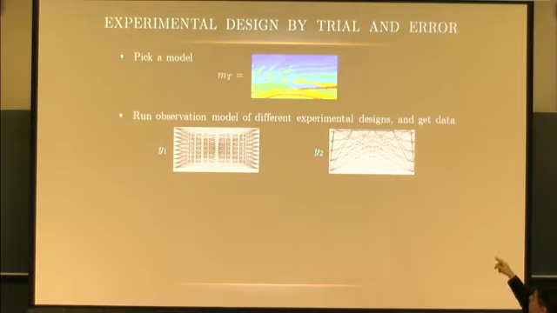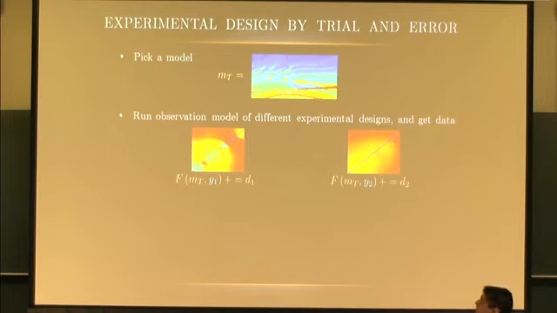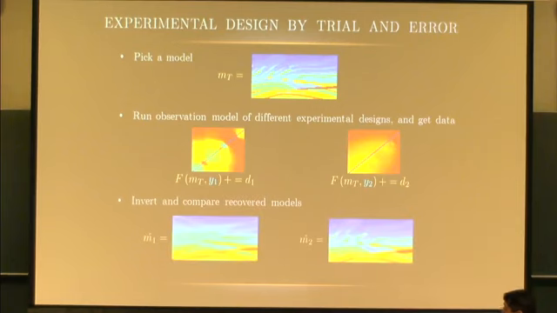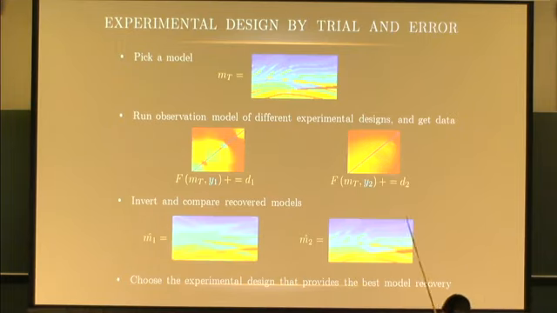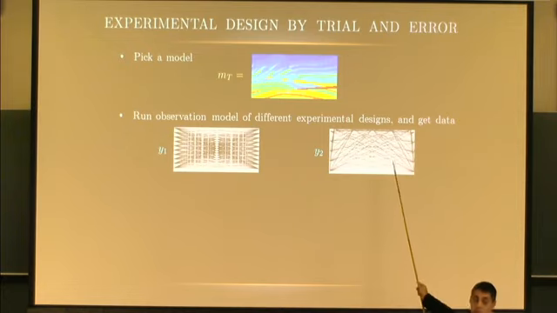On the right, we would put some of them on the side and some of them on the top. And then we can simulate or collect data. And obviously, we can then invert that data. And really now it's up to us to decide which one of them we like more. And let's say that I prefer this one, so I would choose the experimental design that provided that recovery.